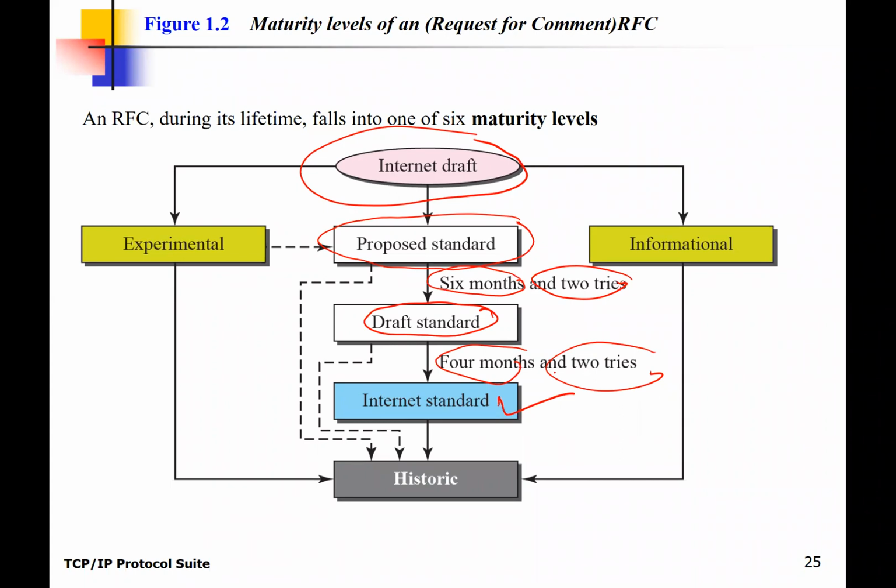Now let's say you have a proposal and for some reason it doesn't make sense and fails. It right away goes to history. Maybe the proposal passes the 6 months and 2 tries and goes to the draft, and for some reason it fails at that point, then it's going to go to history.